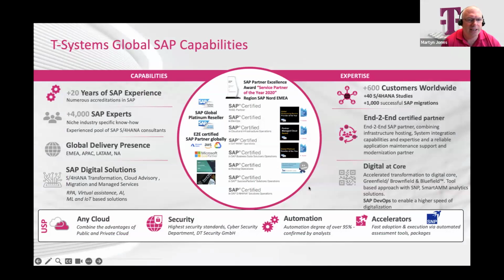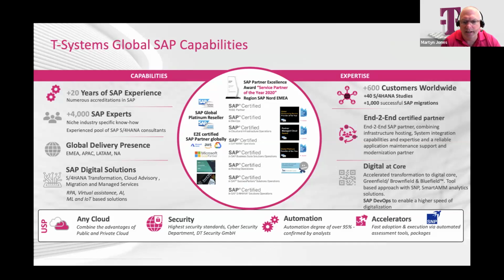So T-Systems has a global SAP capability. We've been partners with SAP now for well over 20 years. We have a global delivery presence around the globe to be able to deliver SAP managed services, as well as lots of different partner offerings, as well as many managed services along with that.